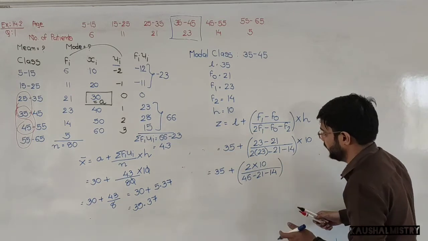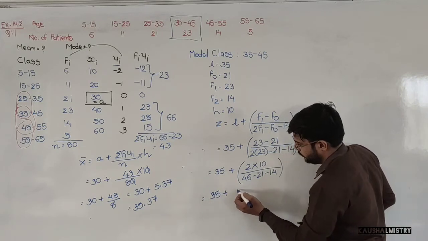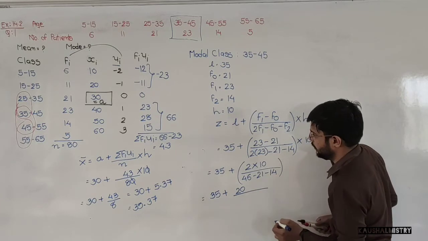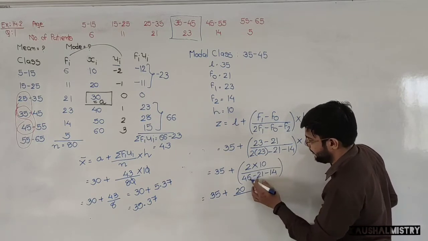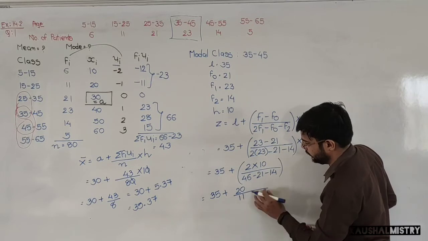So this will be 11. So this will be 35 plus 20 upon 11.